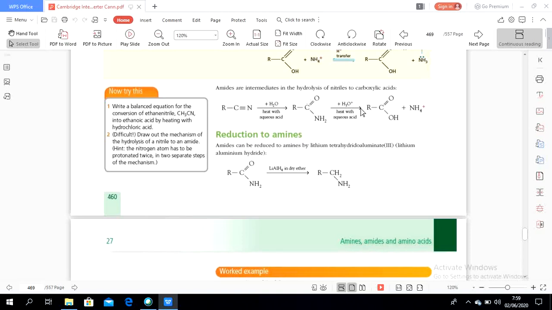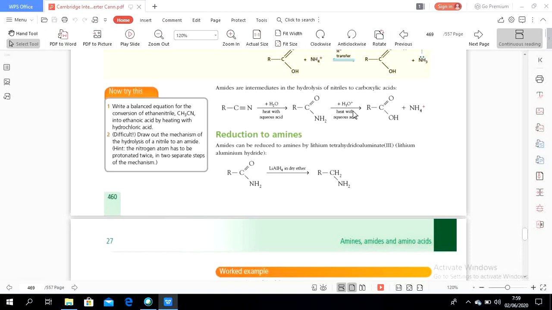And then amide hydrolysis, heated with aqueous acid, will become carboxylic acid and a salt. So a nitrile reacting with aqueous acid will become an amide. The amide continues with aqueous acid and will become carboxylic acid.